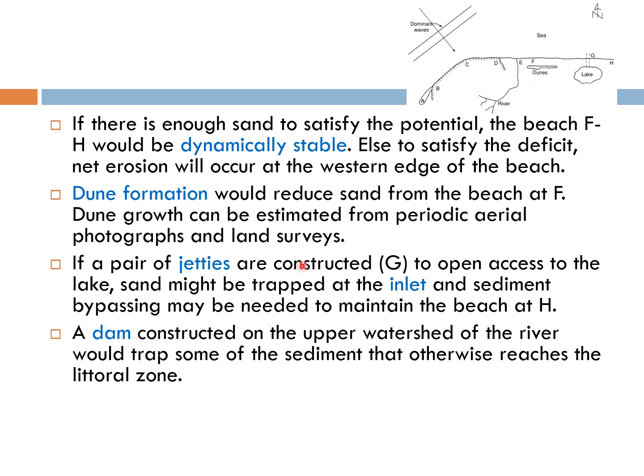Suppose that if a dam is constructed somewhere upstream of the river, then a dam may cause the sediment to be trapped in the reservoir, so that the amount of sediment supplied to the coastal area is greatly reduced. So if a project like that is proposed, we need to be aware that the original amount of sediment that arrived at the sea will now become much less, and so that can affect the stable equilibrium of this part of the sea.